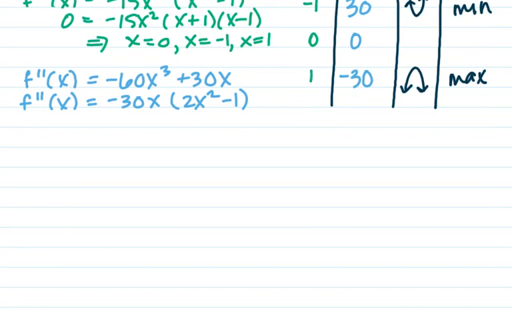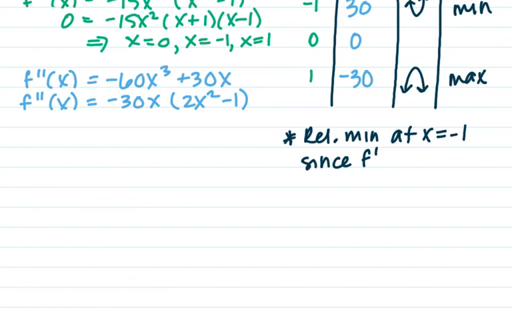So let's write our conclusion. So there is a relative minimum at x equals negative 1, since f prime of x equals 0, and f double prime of x is greater than 0.